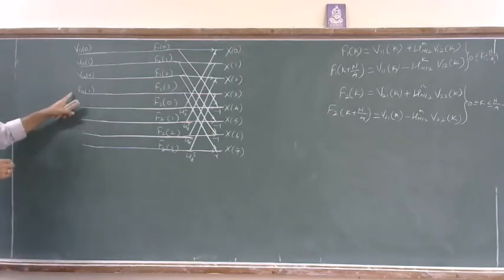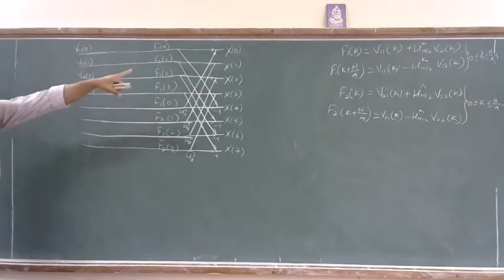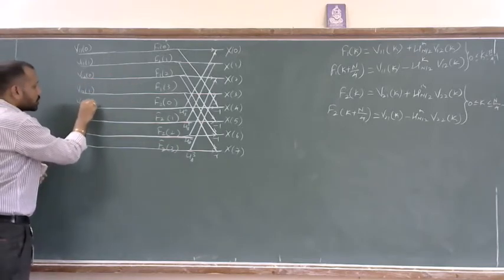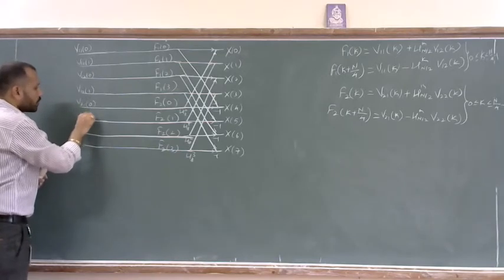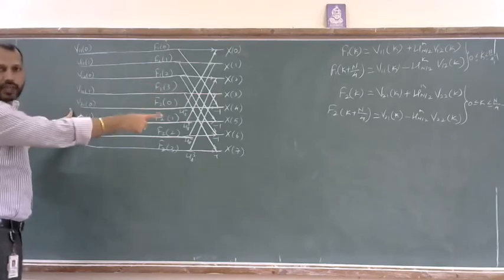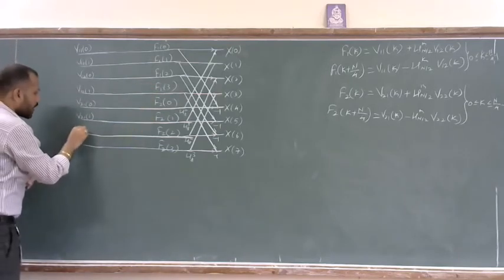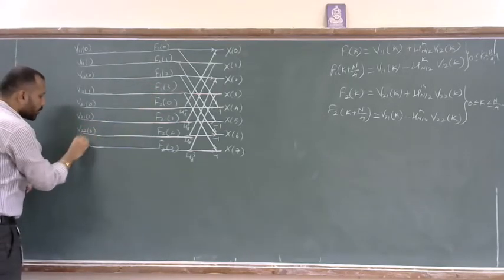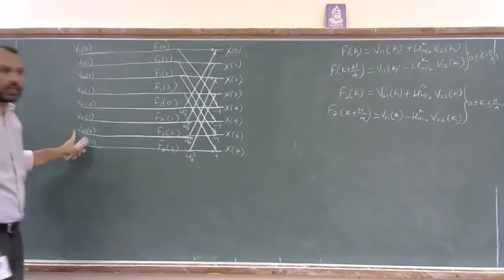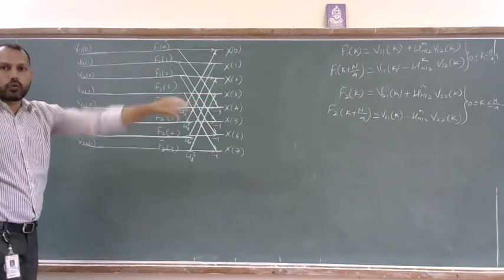Now these two are the 2-point DFT represented by v12 of k. Next, v21 of 0 and v21 of 1. These two are the 2-point DFT represented by v21 of k. And lastly, v22 of 0 and v22 of 1. These two are the 2-point DFT represented by v22 of k.